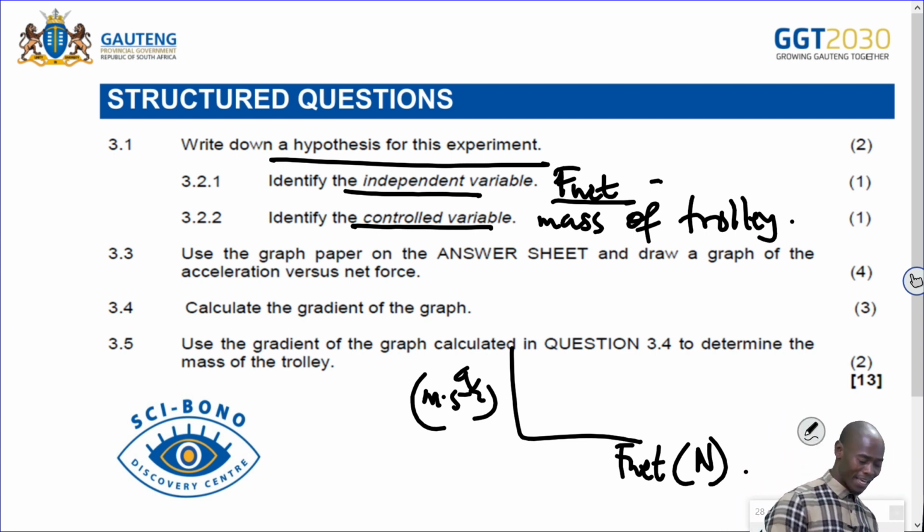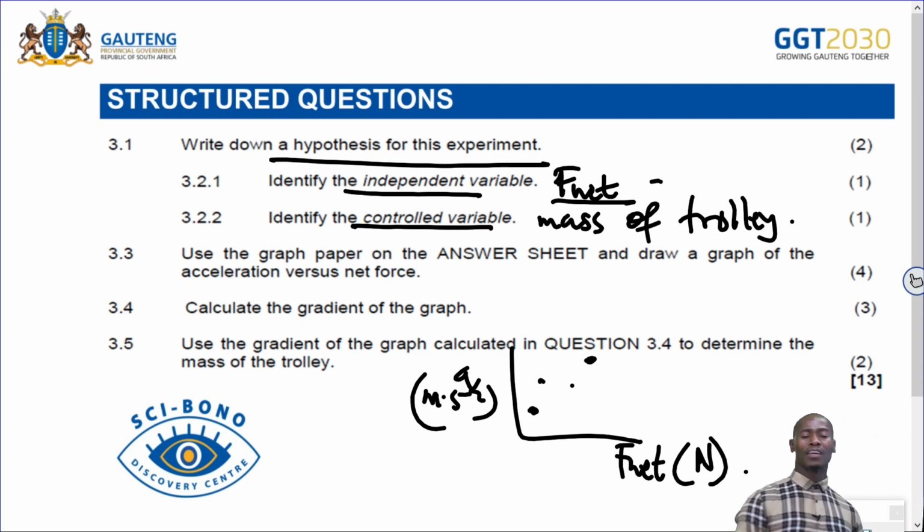And then from there, even if it can happen that you get something like this when you plot your points, let's say you get something like this, you can see that some points are not on the straight line. What is it that you need to do? You draw what we call the line of best fit. Already, learners, you know the relationship between acceleration and the net force is directly what?